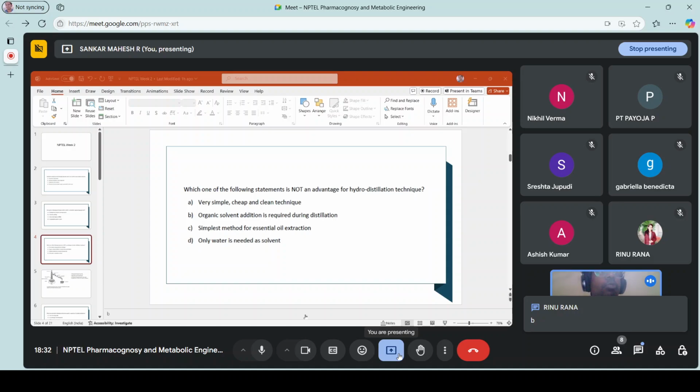Yeah, Renu, do you want to unmute and first mention what hydrodistillation is?